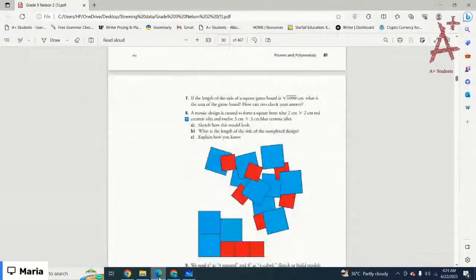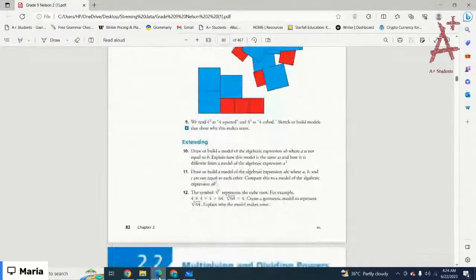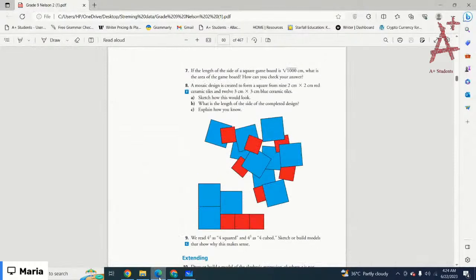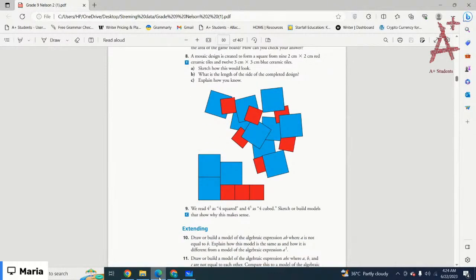Okay. Let's just look at question number 9. We read 4 square as 4 squared and 4 cube as 4 cubed.